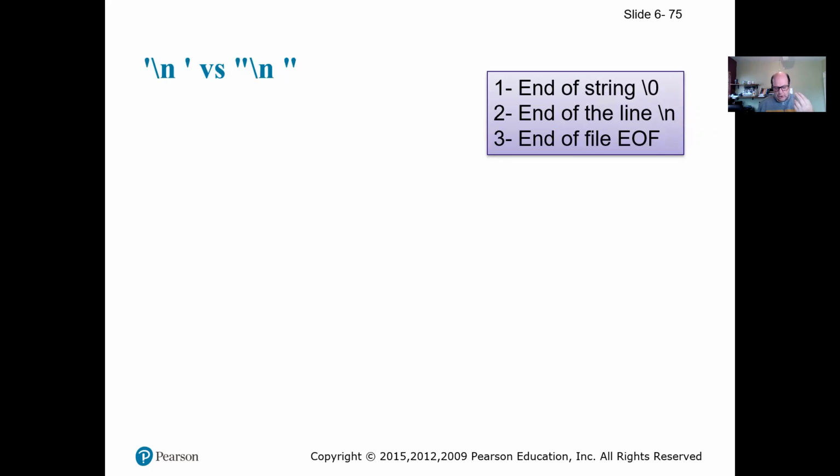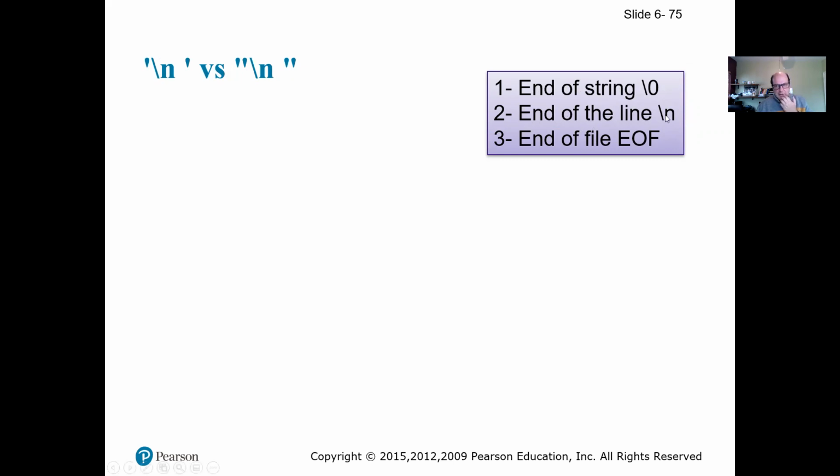So a string \n is 2 bytes. Character \n is 1 byte. So that's the difference. Just a quick side note, that the end of the string is denoted by \0. That's a 0 in your ASCII table.